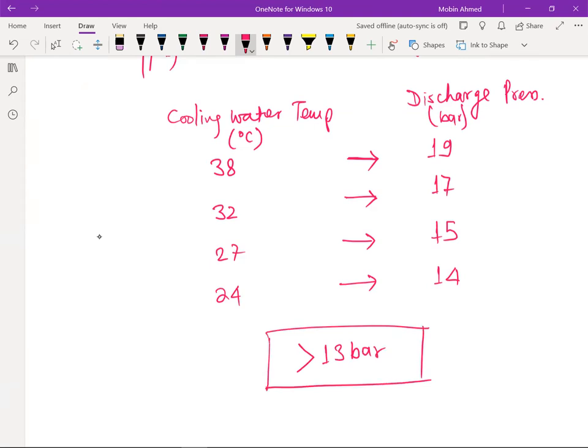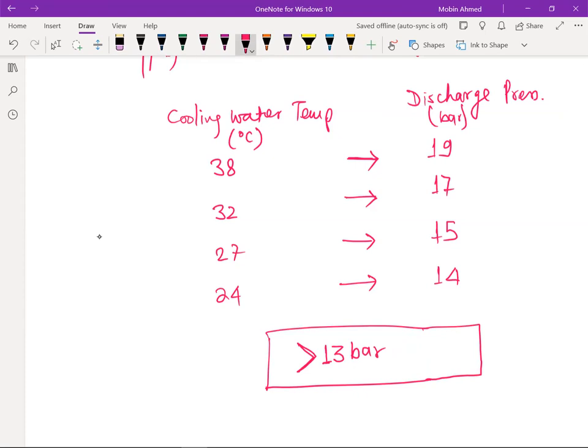If it is going less than this, it means there is some problem. So it's supposed to be always more than 13 bar and less than 24 bar.